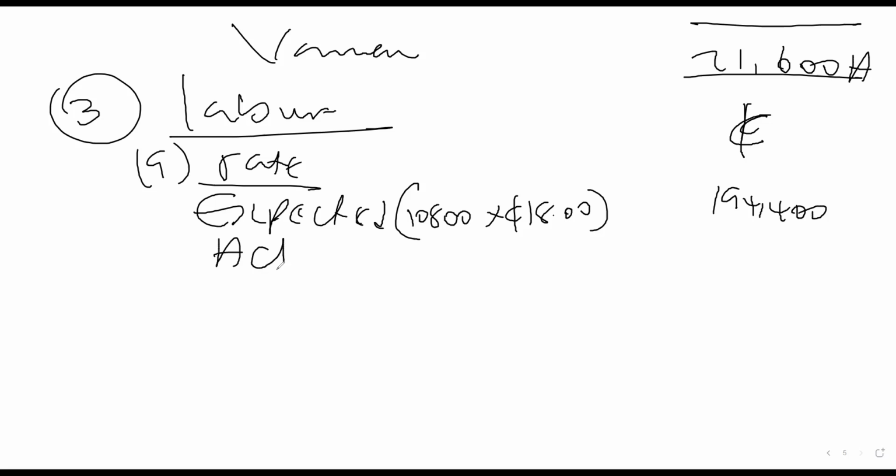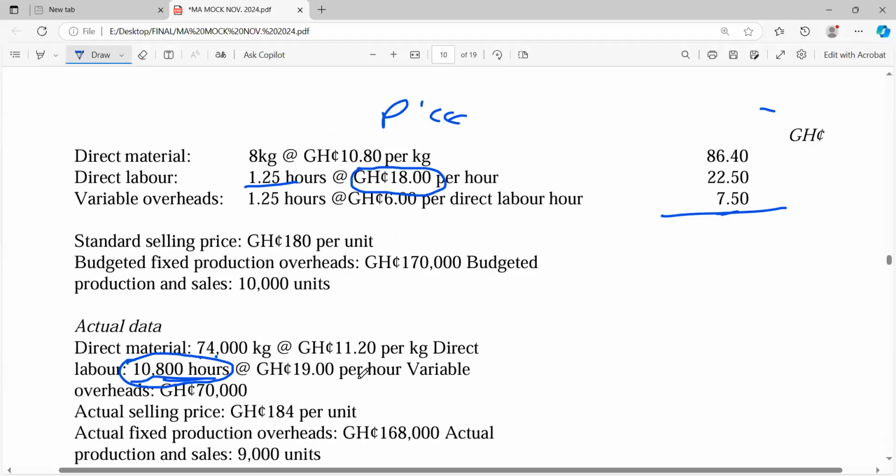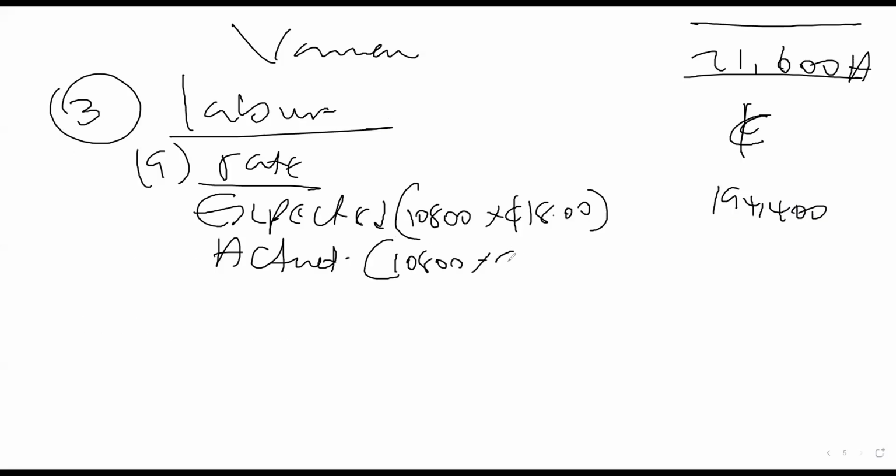Put actual here. What's the actual labor cost? Pick the actual hours worked times the actual rate, which is 19. So 10,800 times 19.